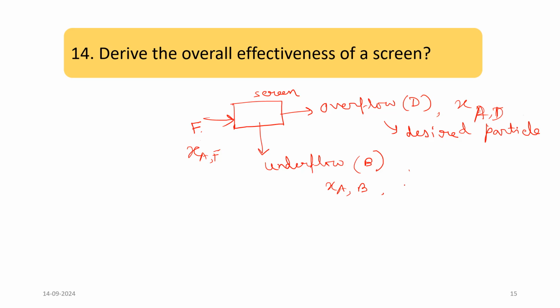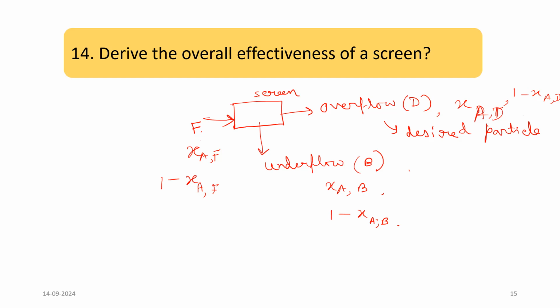So in the feed, 1 minus XAF will be the amount of undesired particle. Here it will be 1 minus XAD, and here it will be 1 minus XAB. So this is the fraction of desired and undesired particles in the feed, overflow and underflow.